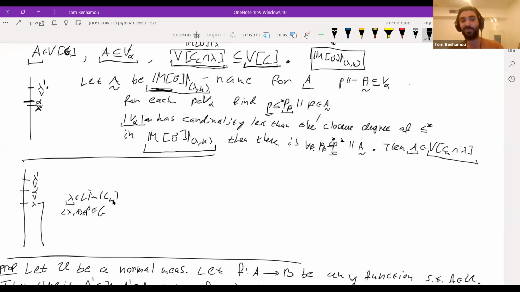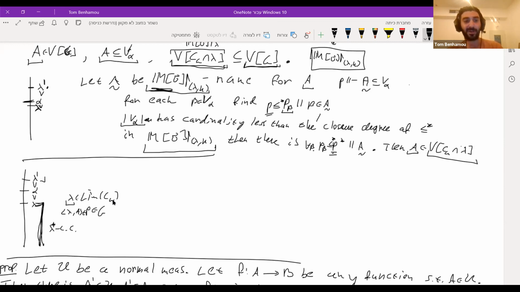And above this condition P, we can split the forcing up to lambda and above lambda. So up to lambda, we have a Magidor forcing up to lambda, which, as we said, is lambda plus CC. And since it's lambda plus CC, it does not change the cofinality of things above lambda plus. So this lower part does not change the cofinality of alpha.